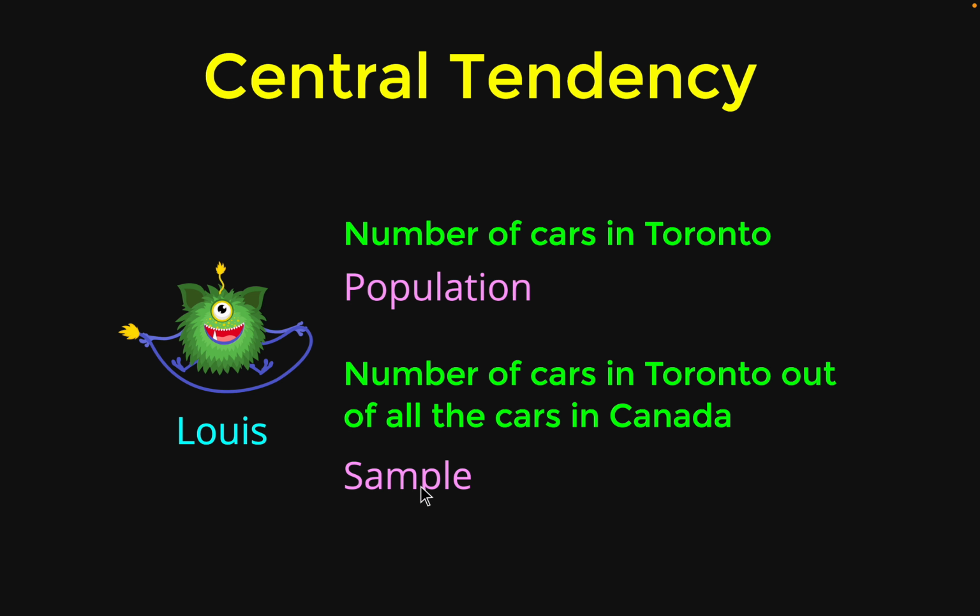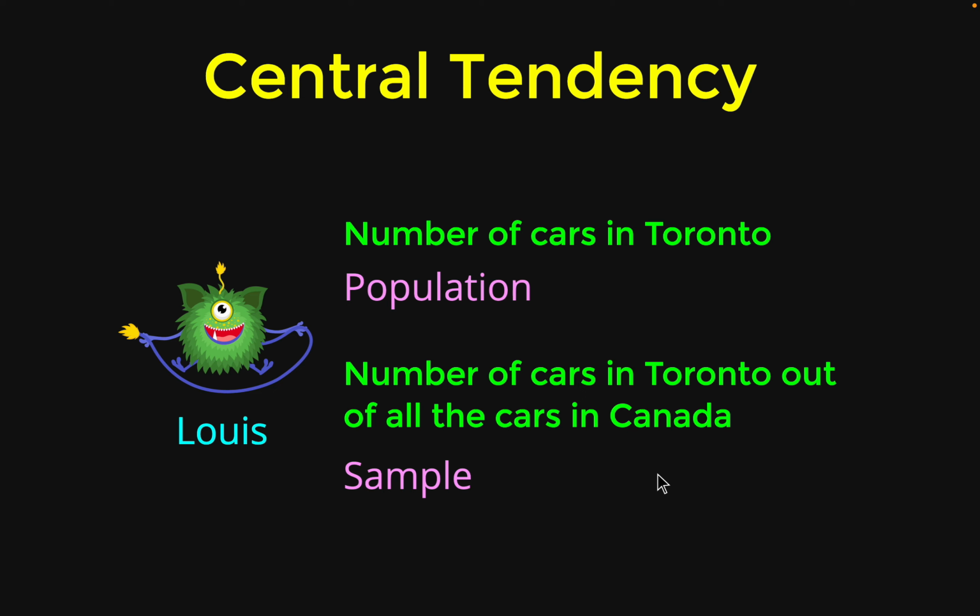The reason why this data becomes sample data is we are taking a small subset of cars in Toronto from a bigger set of data, which is all of the cars in Canada. So all of the cars in Canada is your population, and since we are taking a small subset of cars just in Toronto, that's why this kind of data becomes your sample data.